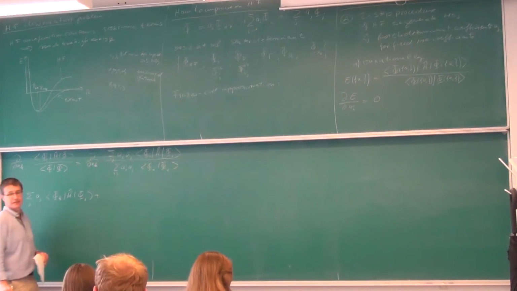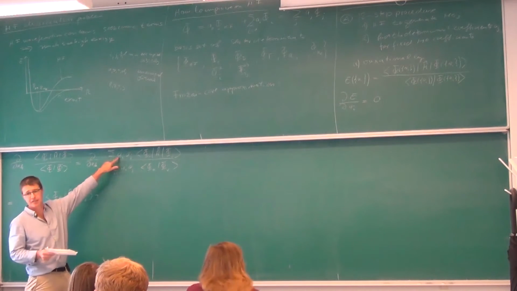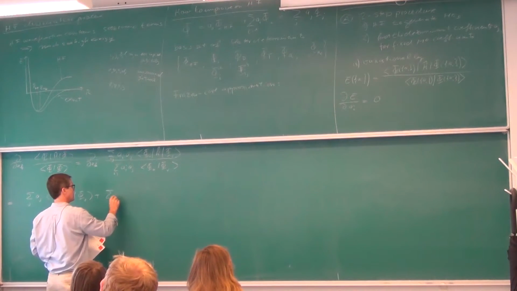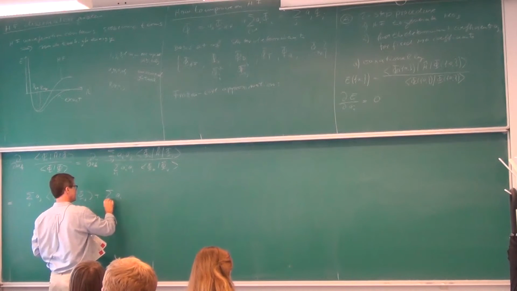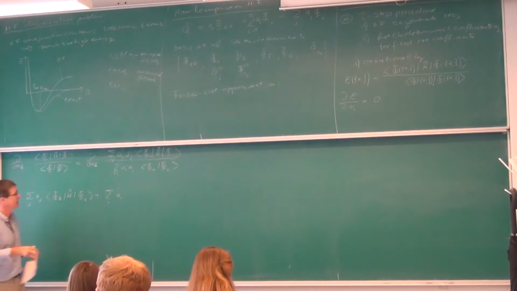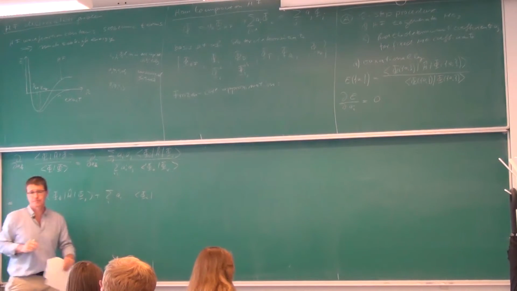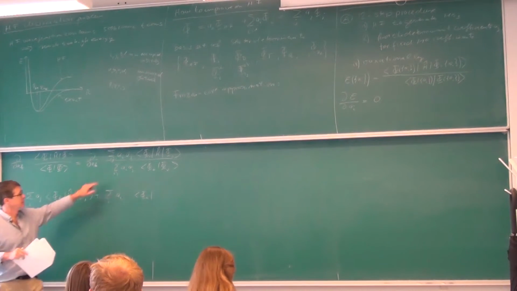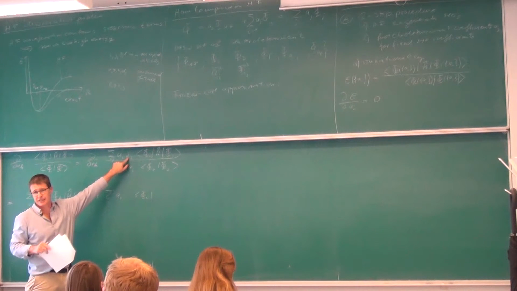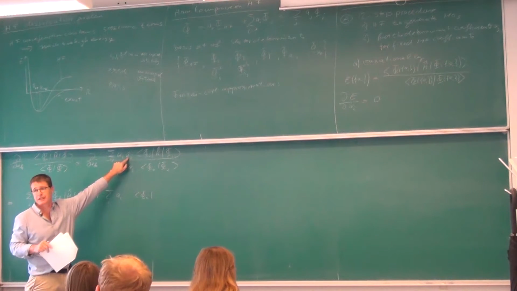Plus, now I keep the a_i fixed, so I still have the sum over a_i's, and therefore also phi_i standing here. And I take the derivative of those, and they are all 0 apart from the term where j is equal to k.